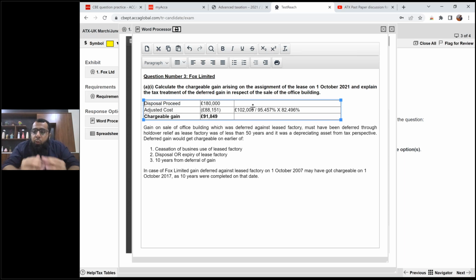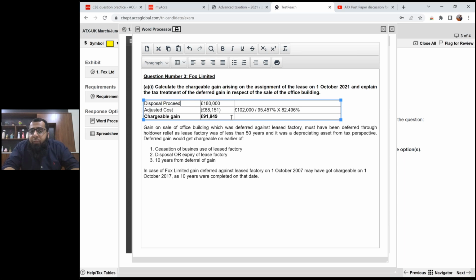The main objective of these sessions is to teach you that when you are going for a professional level exam like advanced taxation, never go for perfection. You have to go for easy marks first. Don't get yourself stuck in the technical ones.